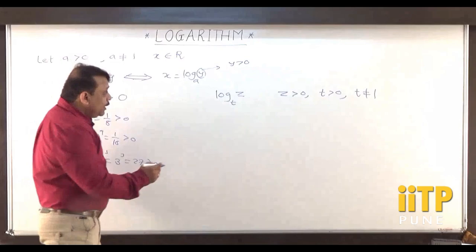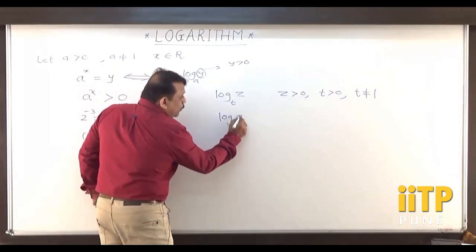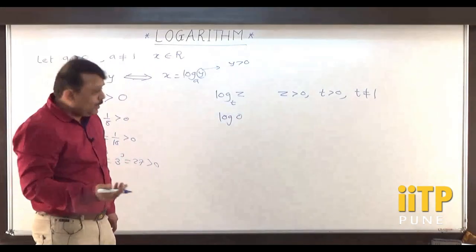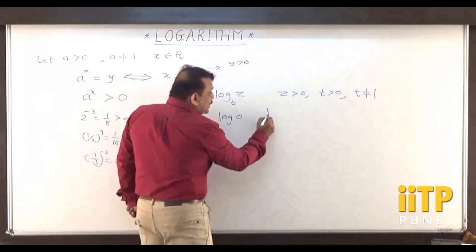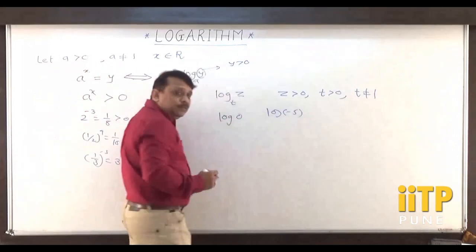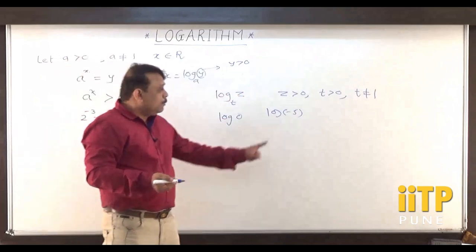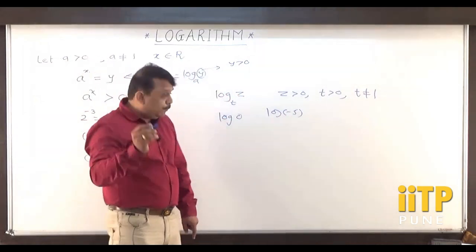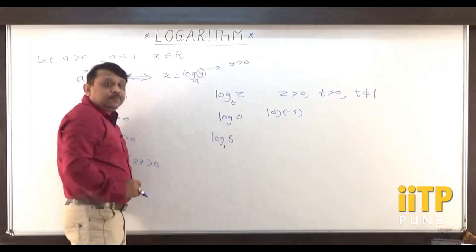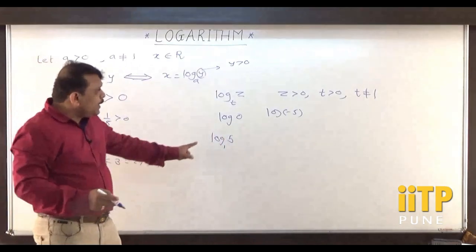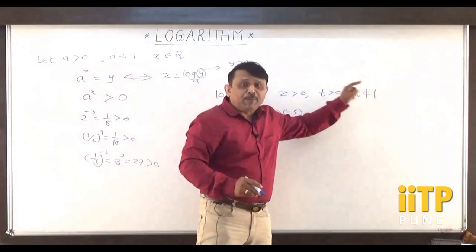So when I say log of 0, it does not make any sense because 0 is not a positive number. If I say log of minus 5, this does not exist because minus 5 is not positive. If I write log of 5 to the base 1, this is against the rule because the base cannot be equal to 1.